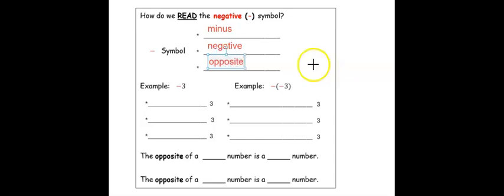So there's another math term that comes in handy when we're translating or trying to read these problems to understand. If you see this right here, it can be read multiple ways. The first example can be read as minus 3. It can also be read as negative 3.